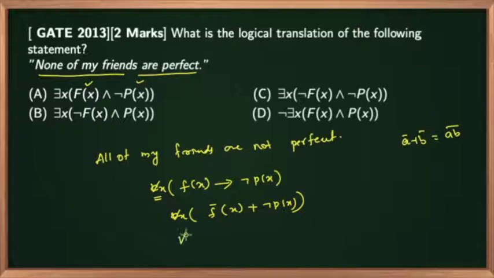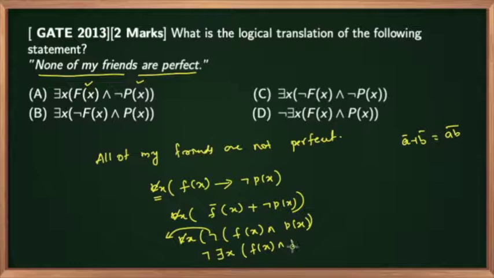So I can write this as for all x, not (F of x and P of x), so I can take the not outside. When I take not this side, this will be not there exists x, F of x and P of x. So that will be the answer D.